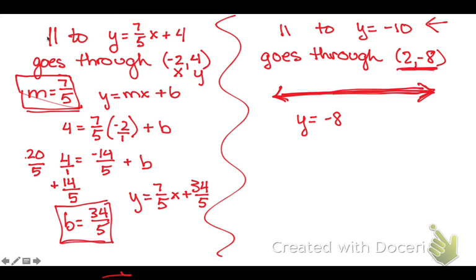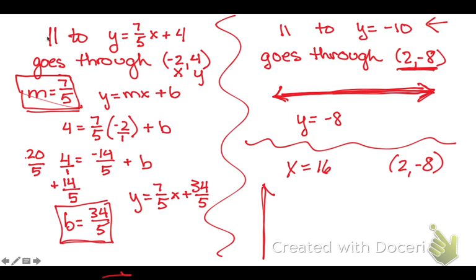Okay? Same point. What if I say x equals 16 and goes through 2, negative 8? That'd be a vertical line, yes? And the x would be 2. So if you have a horizontal or vertical, isn't that easier actually? Okay? So that's it. That's all you got.